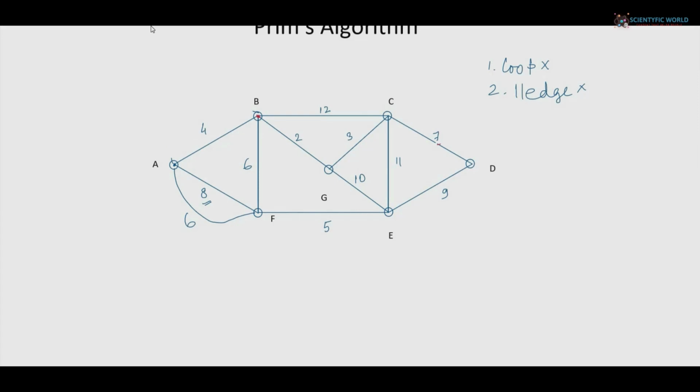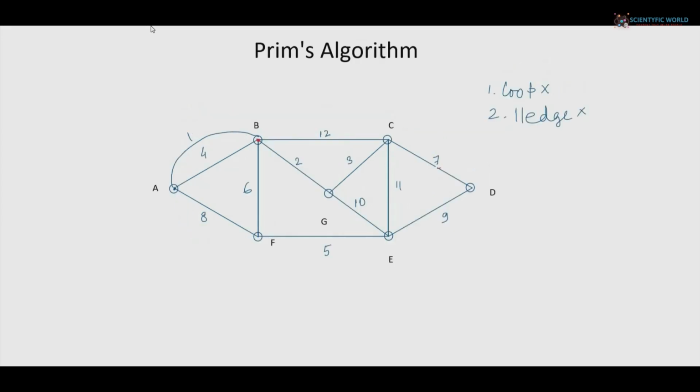And when we remove the parallel edge between A and F, we will remove this one. Now in our graph there is no parallel edge, but if you get one or more parallel edges, then you have to remove them like this.